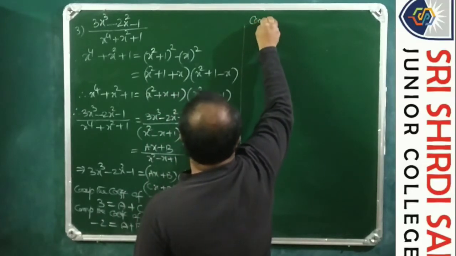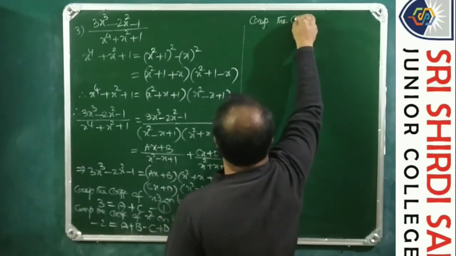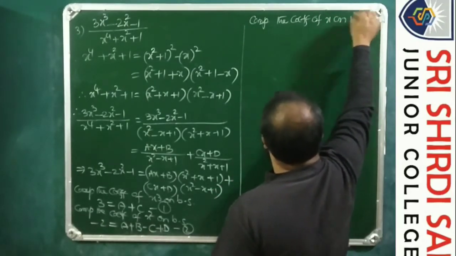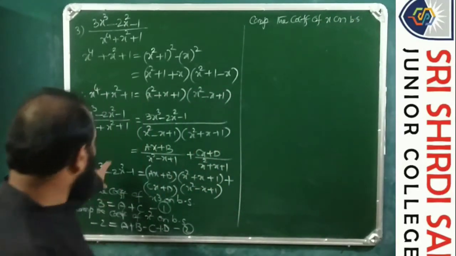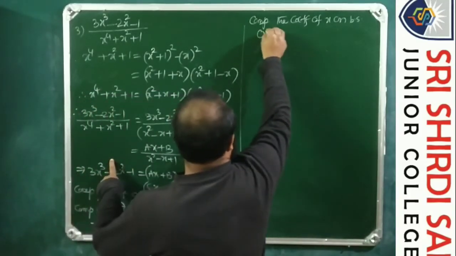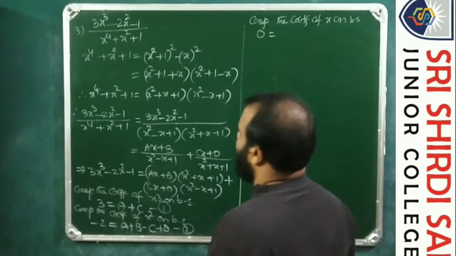Now comparing the coefficients of x on both sides. Here we don't have any x term, so its quotient is 0.